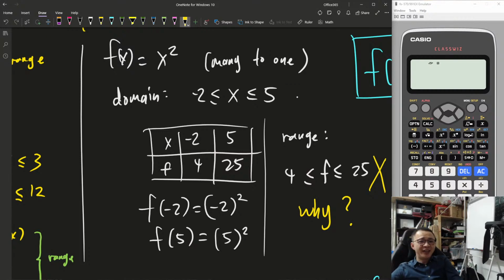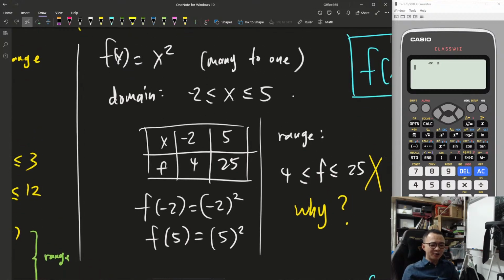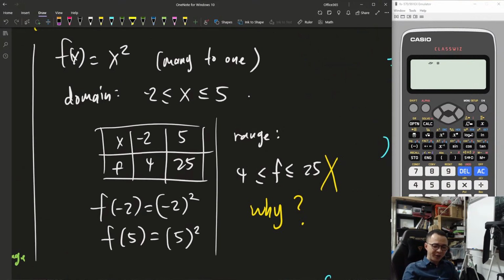Okay, this one is not a one-to-one function, so you cannot just simply take the minimum and maximum value. This is the reason why just now I erased my so-called shortcut method. If I sketch out the graph for x squared to give you some idea what x squared will look like, yes, it's very common because this is one of the common mistakes a lot of students make.